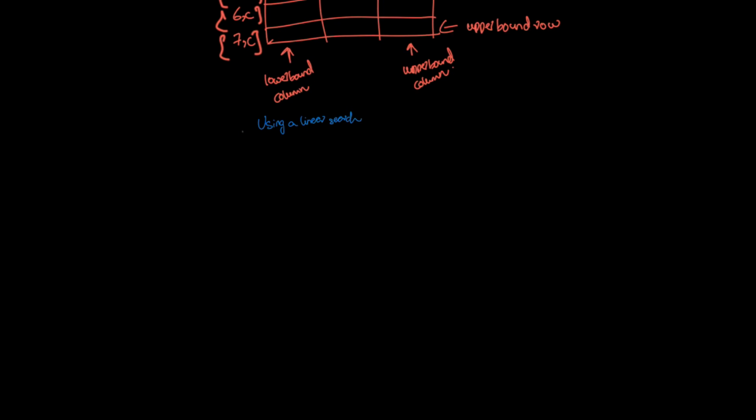So first of all, I'm going to declare an array. It's going to be an array 0 to 8 of integer. And I'm going to declare some variables I'm going to use. I'm going to use the upper bound and the lower bound.